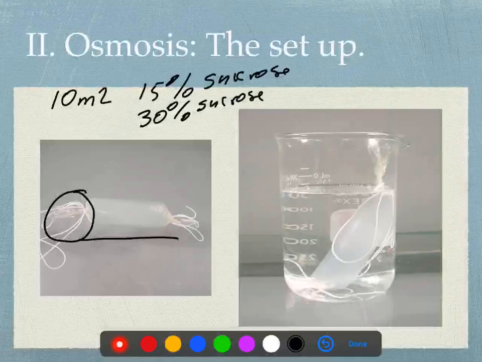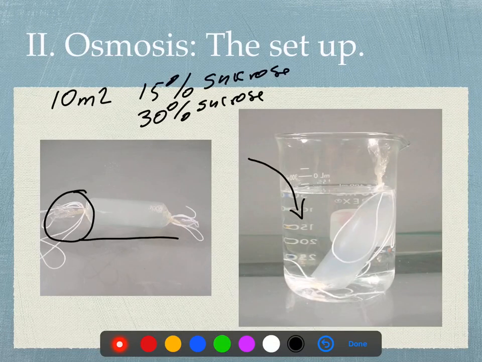Okay, so once the bags have been assembled, then those bags are placed in a beaker, and the beaker would have either water or some other concentration of sucrose. And what we would want to see is in what direction water would flow.